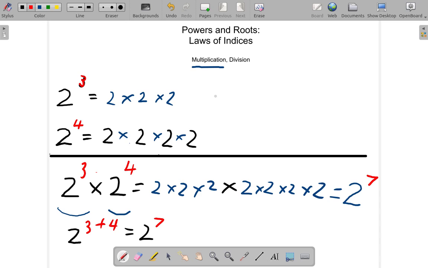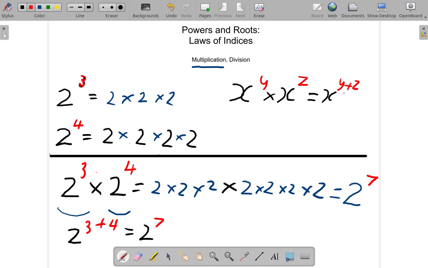Now, generally, what you could say is any number x raised to a power of y multiplied by the same number x raised to the power of z is equal to x raised to the power of y plus z.